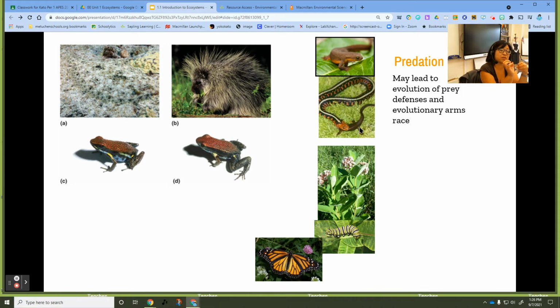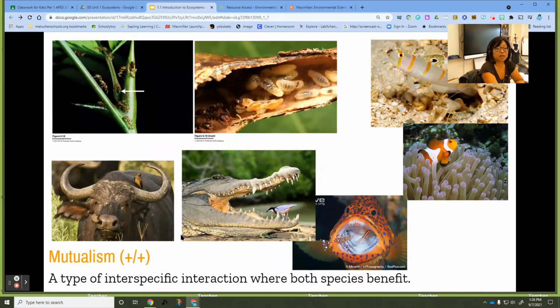The salamander is evolving slowly to produce nastier and nastier toxins in order to have a leg up in trying not to get eaten. But then the snake is also slowly adapting to this increasing level of toxicity in its food source. So that's called the evolutionary arms race, where each is constantly trying to adapt to the other, right? That's what predation can lead to.